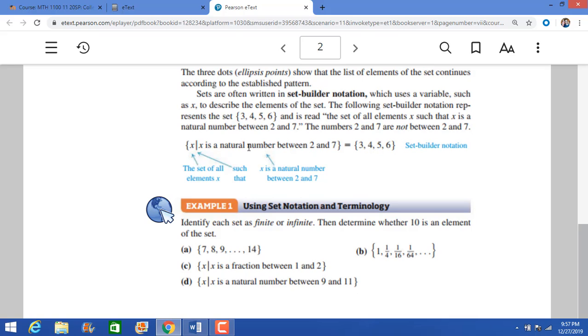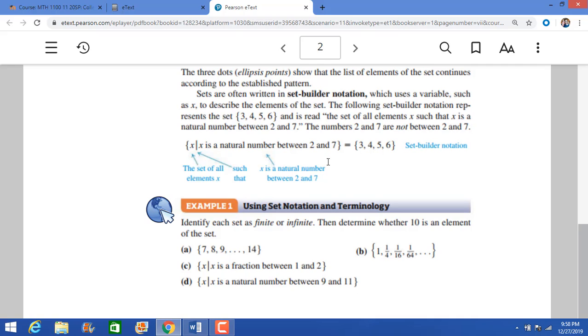So if I write this, this is the set of all x such that, and this vertical bar means such that, x, and then here's the rule, the criteria that must be satisfied in order to be part of the set. x is a natural number between 2 and 7.